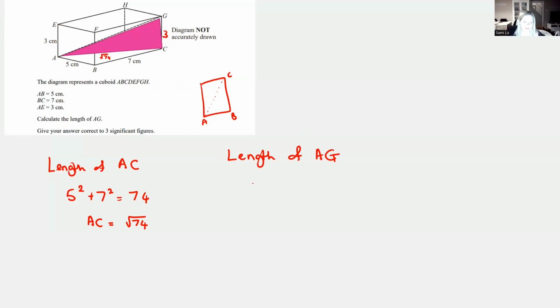This time we're going to be doing root 74 squared plus 3 squared, and that's going to give us the length of that. So essentially 74 plus 9, which gives you 83, and then the square root of 83.